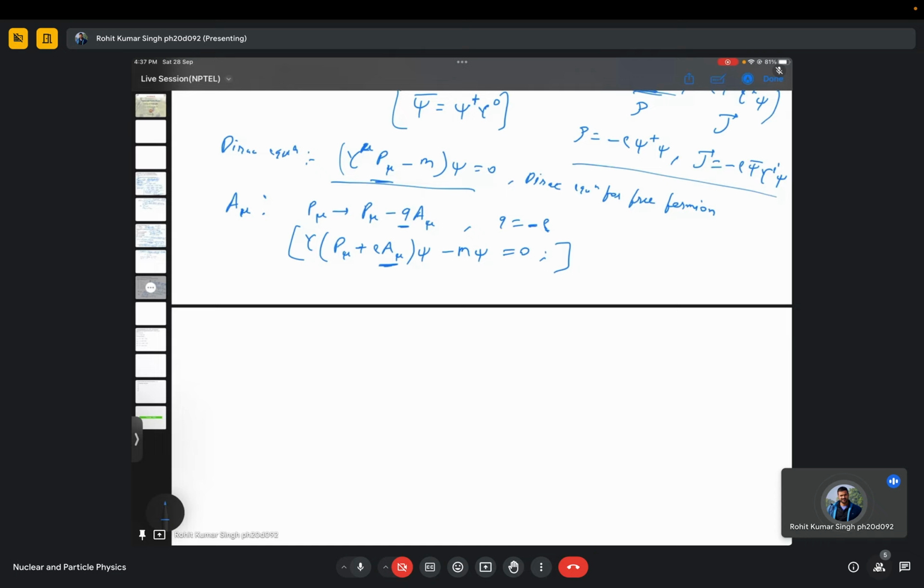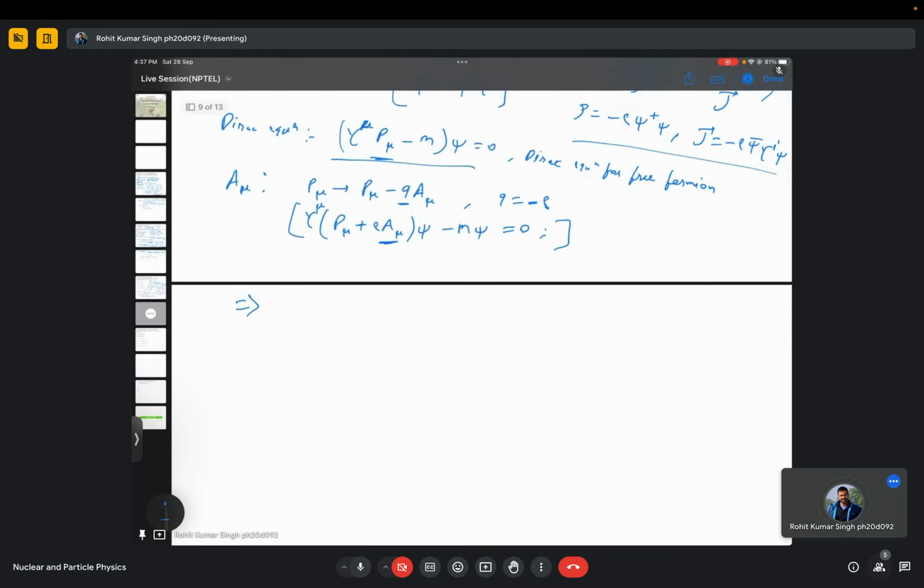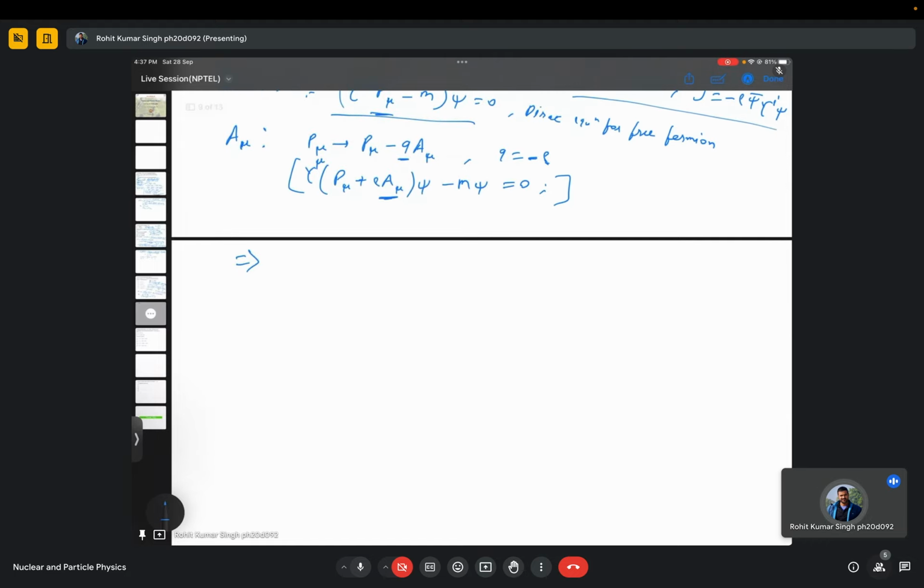Okay, and to do that, let's break the components for this. Sorry, this should be gamma. Into spatial and temporal parts.